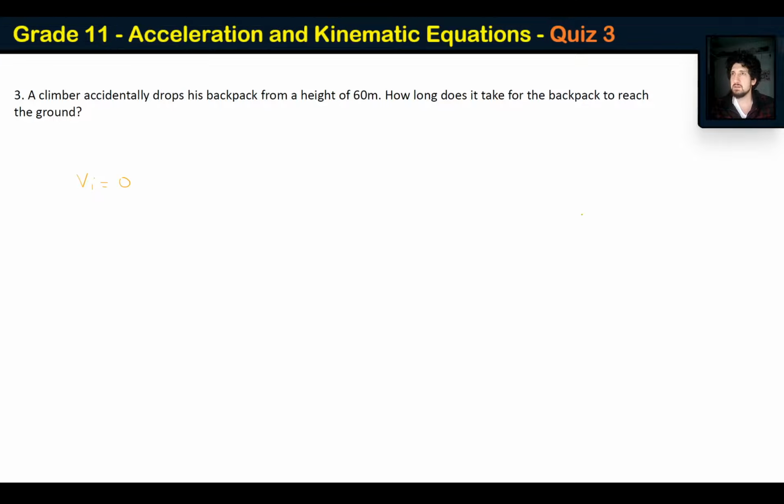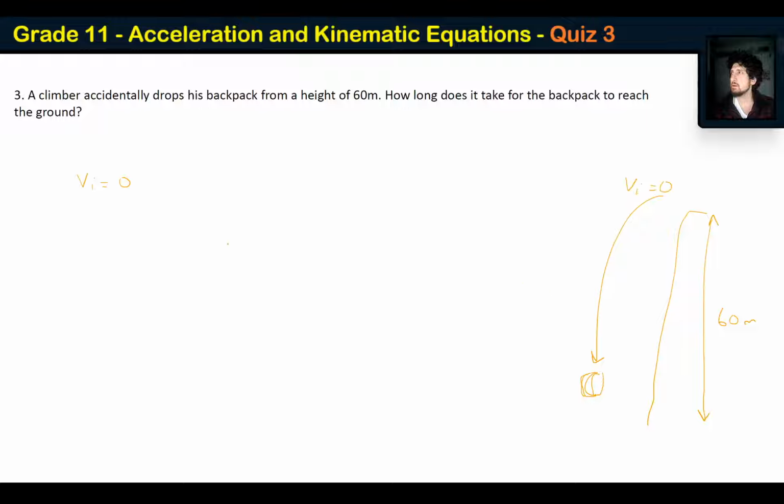Here is the 60 meters, like a cliff, and then the dropped backpack. I'm going to attempt to draw a backpack. Here we go, there's the backpack. Lovely backpack. We know the height is about 60 meters, and we know the VI is approximately 0.